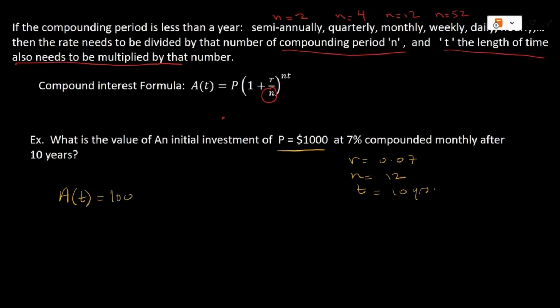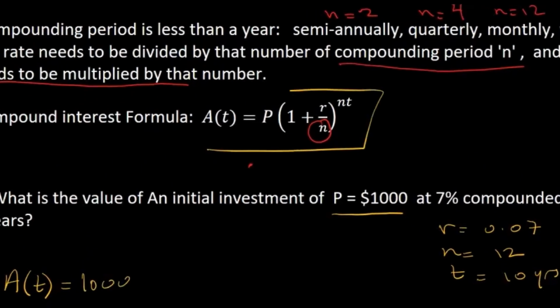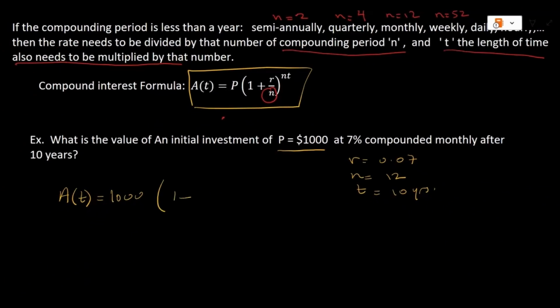So P is 1,000. We are using this formula right there, times 1 plus r, 0.07, divided by n, which is 12, to the power of n times t. n times t, that's the exponent right there. So that would be 12 times 10. And then we're going to take out our calculators and do the math on that one.